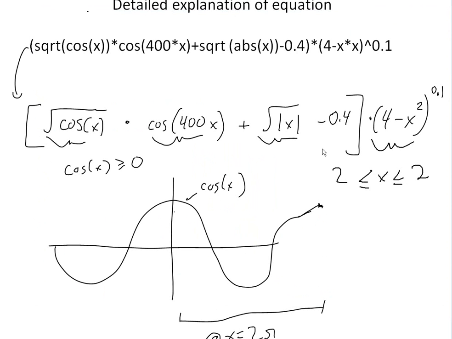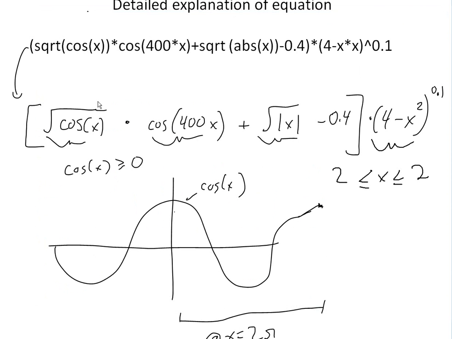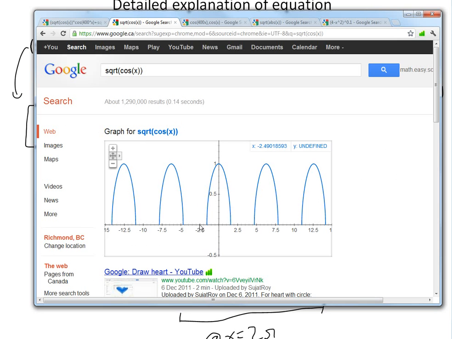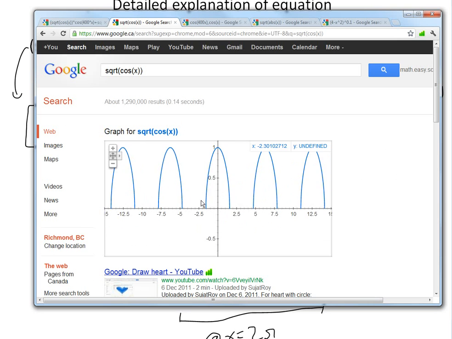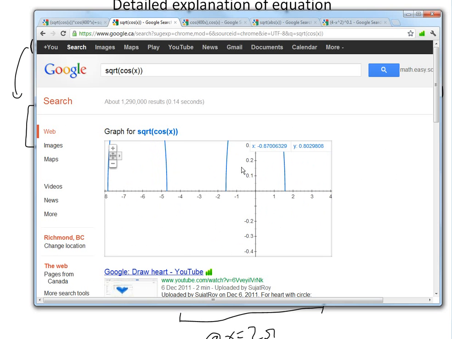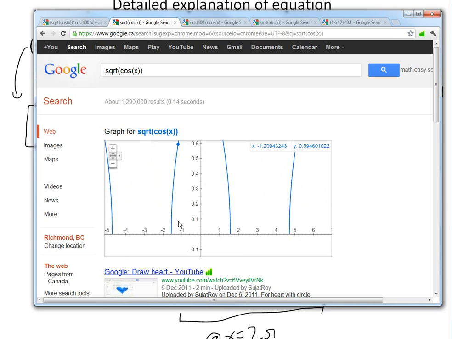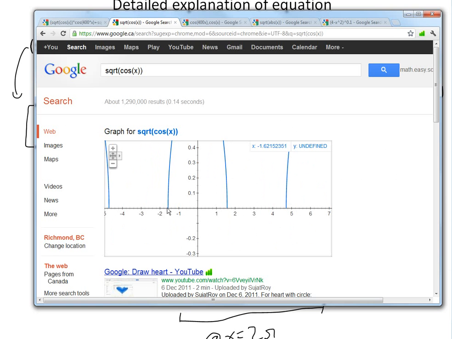But then when we look at this one right here, cos pi, negative 2 is somewhere over here. So we can only look at the place that will have values, where this is 0. So this is square root cos x.